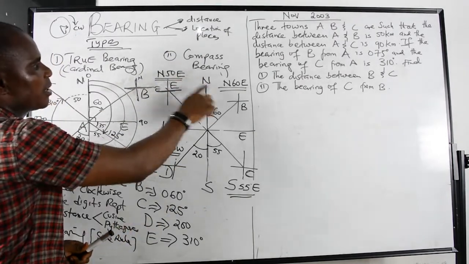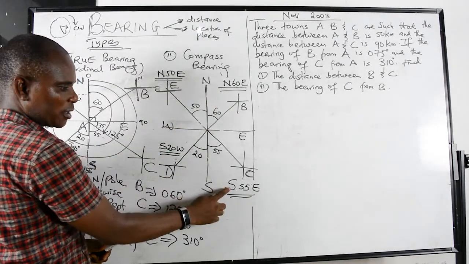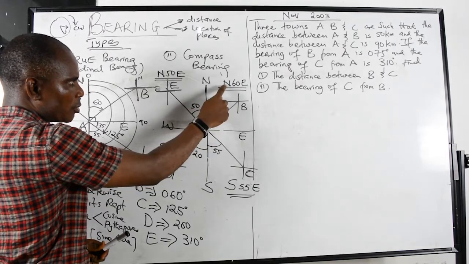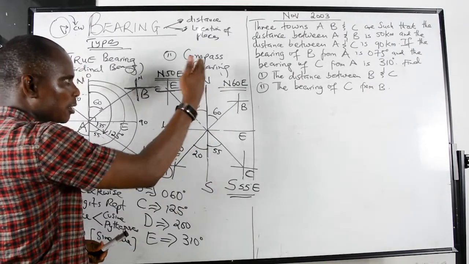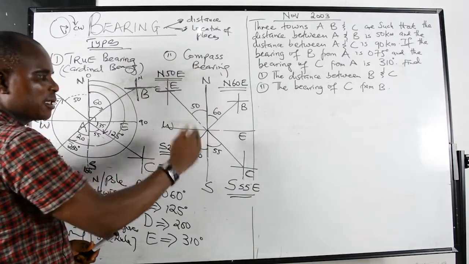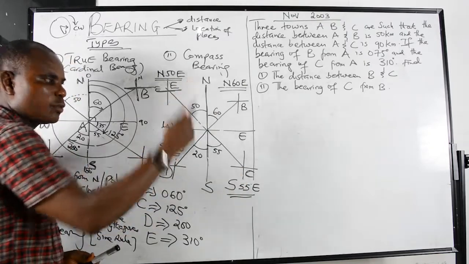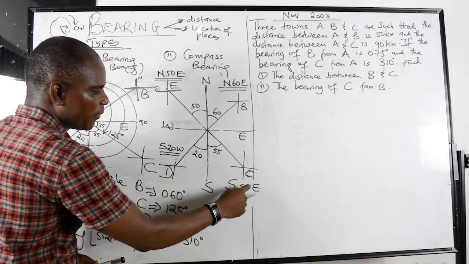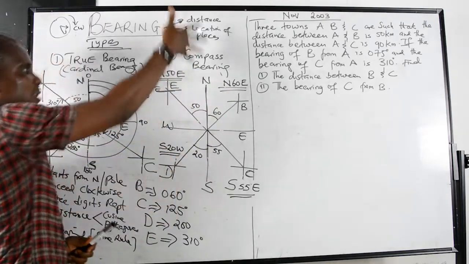It only takes reference from the North or South Pole. It must only start with N or S because it is compass, and compass is a magnet. A magnet has 2 poles, the north and south pole. So in the question where you see south 55 degrees, or any bearing starting with N and S, you know that it's compass bearing.